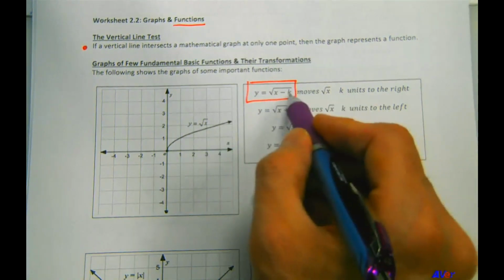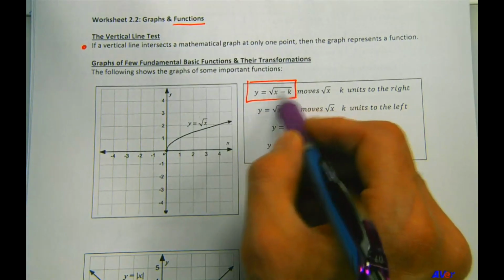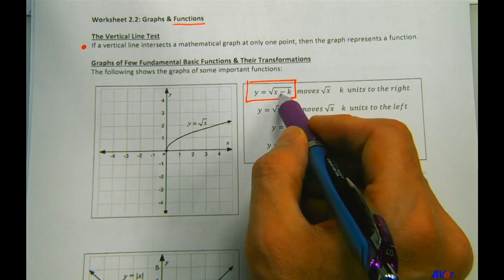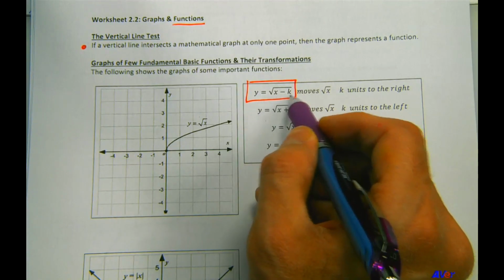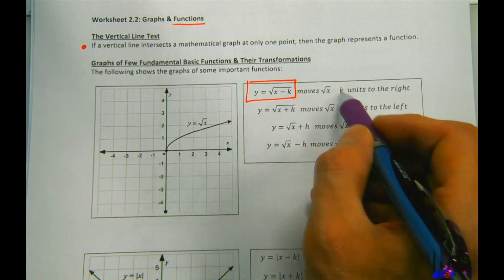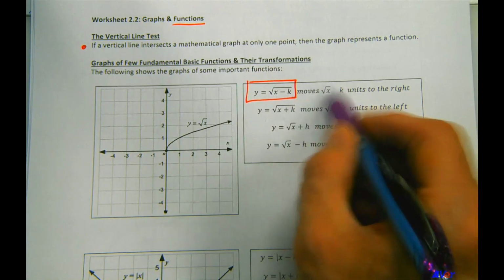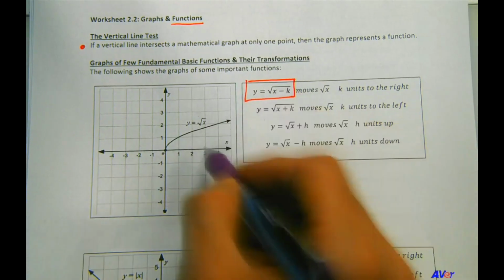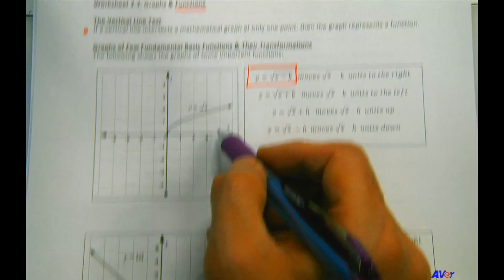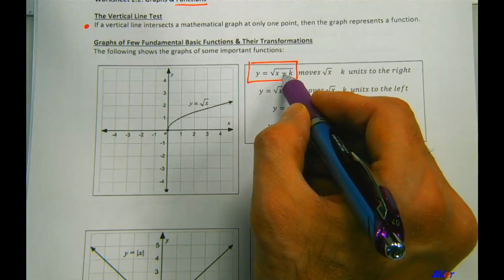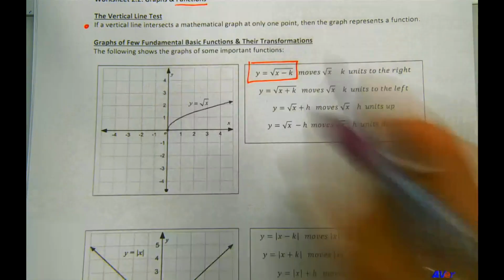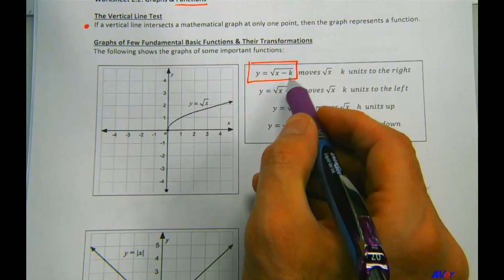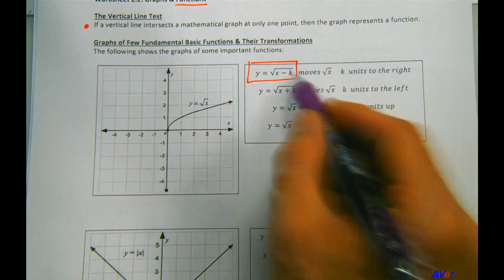Notice if k is positive, this minus algebraic sign in square root of x minus k is preserved. So you'll have x minus something. And that means the original function square root of x is moved k units to the right, because k would have been a positive value, even though the algebraic sign stays negative. But the shift is to the right horizontally so many units, whatever k represents.